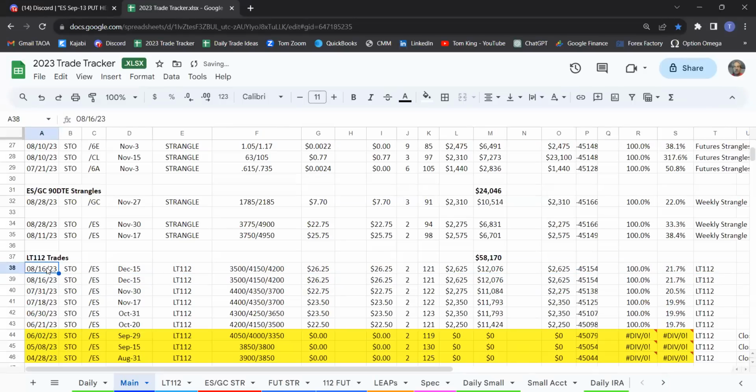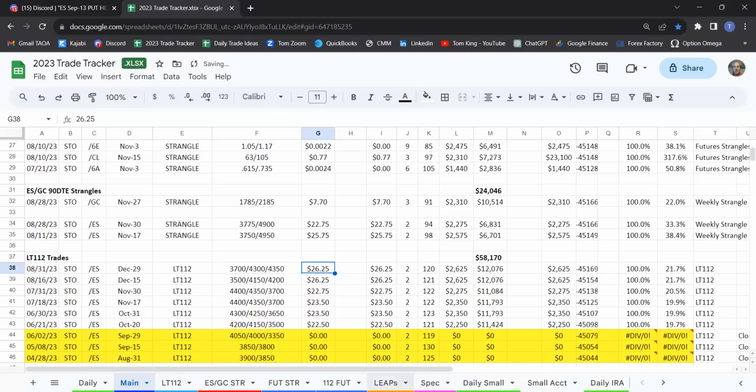So today is 8/31. We just put this trade on. The trade expiration date on that is December 29th. So it's 12/29. Long-term 112. And our strikes were 3,700, 43, 43.50. So 3,700, 4,300, 43.50 were the strikes.